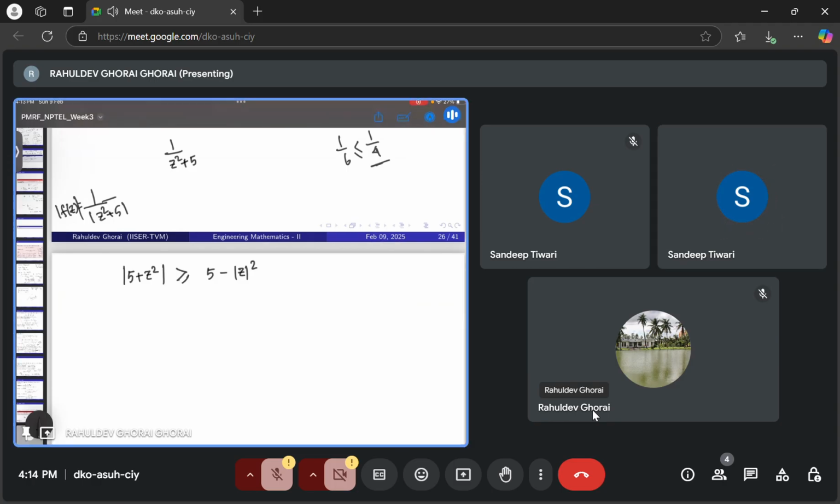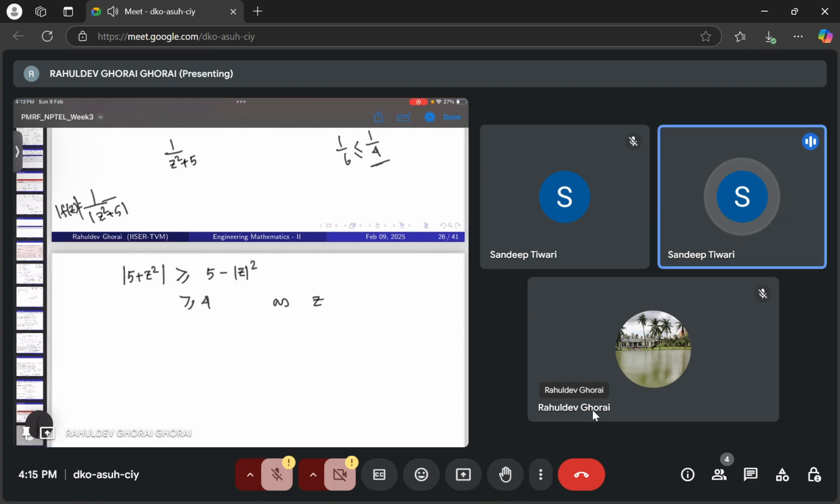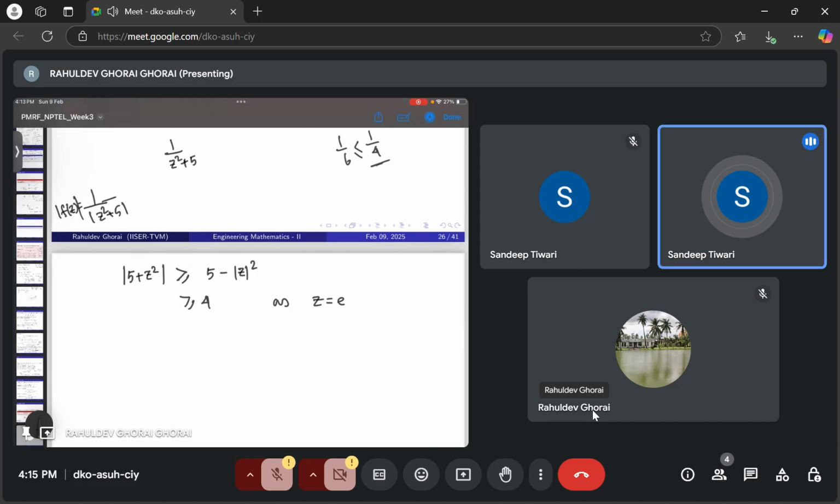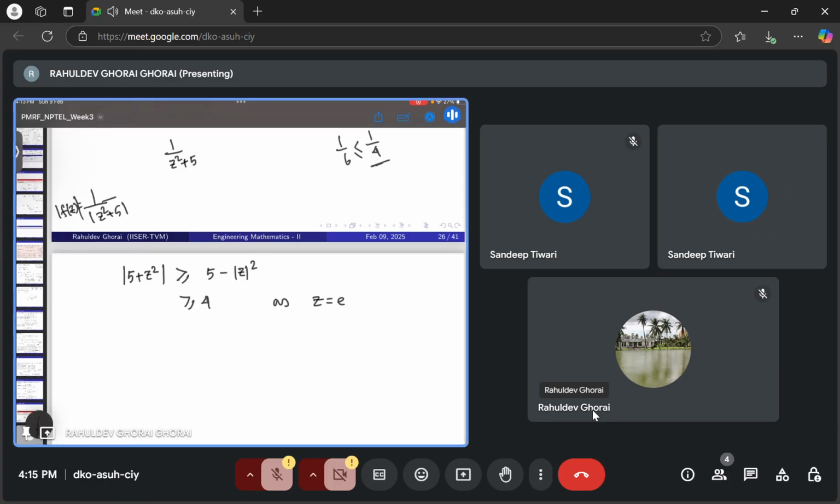So which will always be greater than or equal to 4. There should also be a modulus, sir. Modulus of 5 plus z square is greater than or equal to modulus of 5 minus modulus of z square. That is equal to 5 minus mod z whole square, because z is equal to e to the power i theta, right?